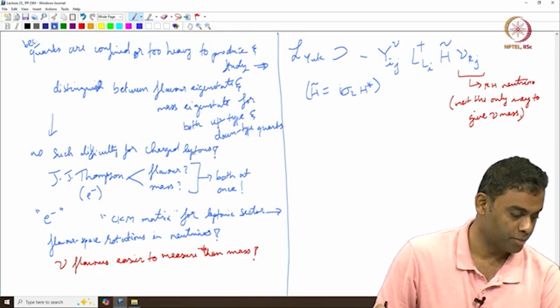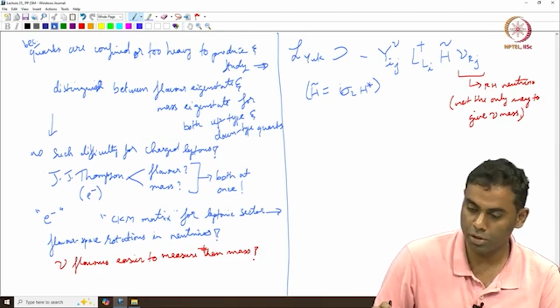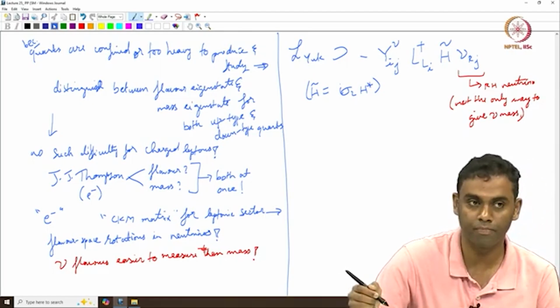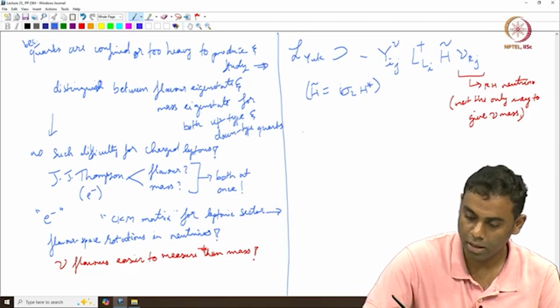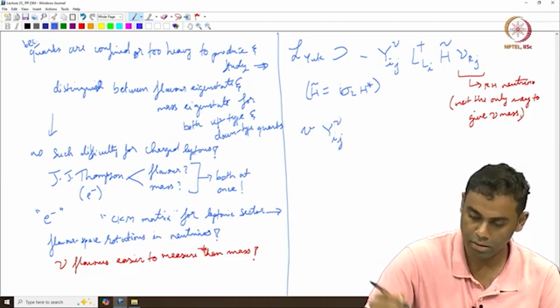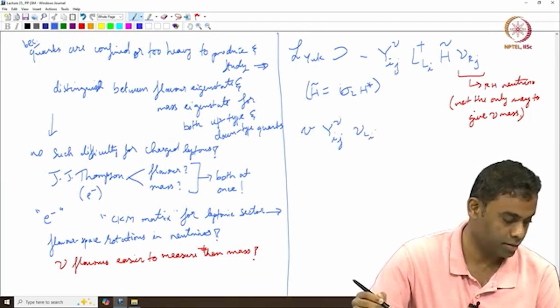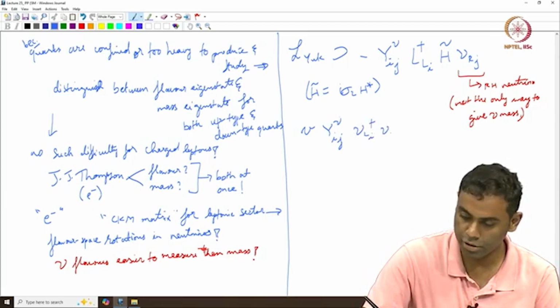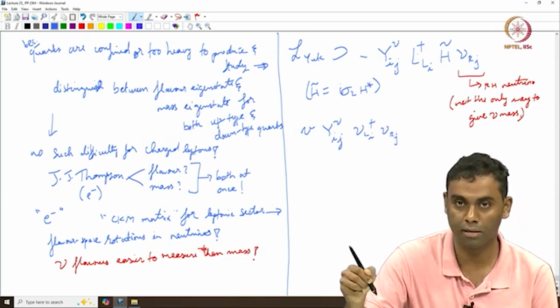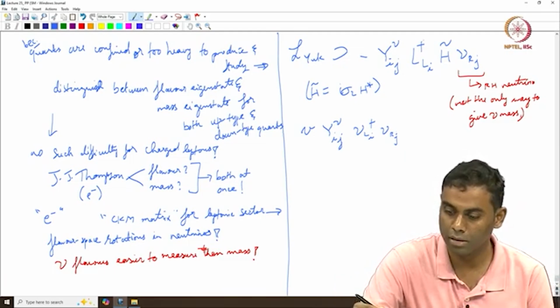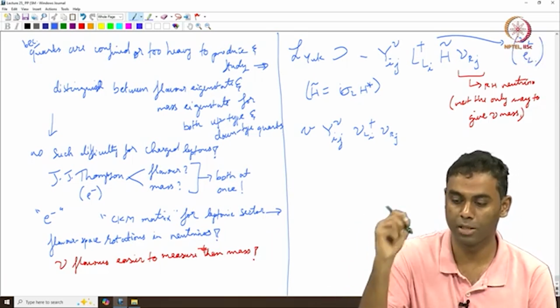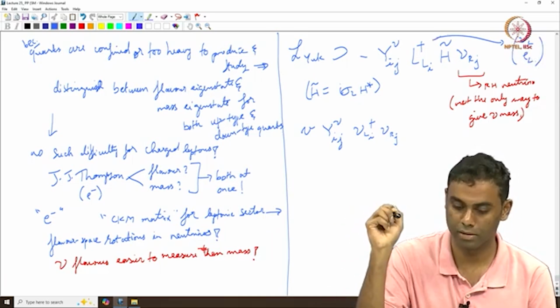So how would the mass go now after symmetry breaking, after electroweak symmetry breaking? I would have v times this, correct, and then nu Li dagger nu Rj. So expand the L_L, right. The L_L contains basically this, what, neutrino and electron, right. So that is the expansion I am putting in here.